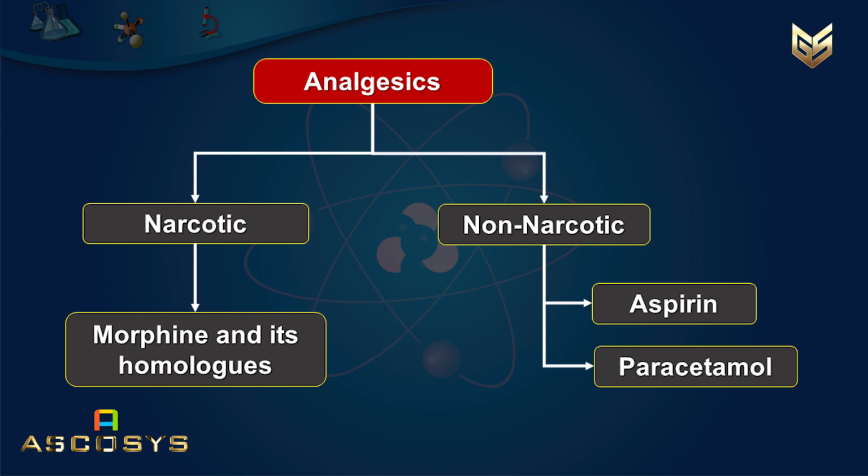Narcotic drugs help in relieving pain but with some kind of side effects, whereas non-narcotic drugs are simple pain relieving drugs without any kind of side effects. Important non-narcotic drugs are aspirin and paracetamol, whereas narcotic drugs include morphine and its homologues.